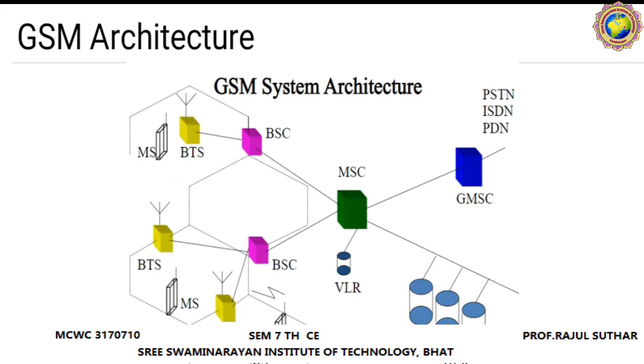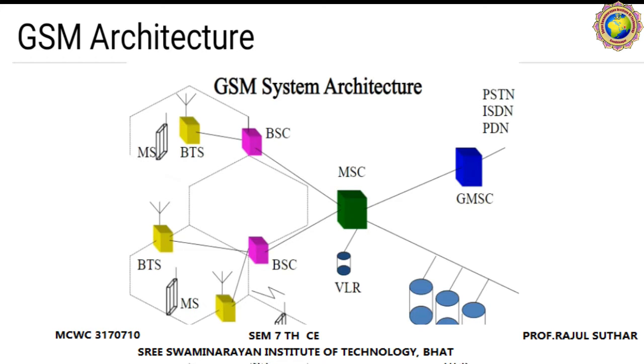It is self-protected and it stores a copy of the secret key of each subscriber's SIM card, which is used for authentication and encryption over the radio channel. The authentication center maintains the authentication key and algorithm that provide the security. So the security is provided to the VLR.